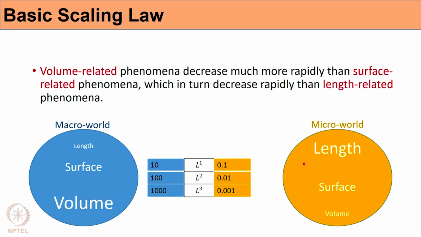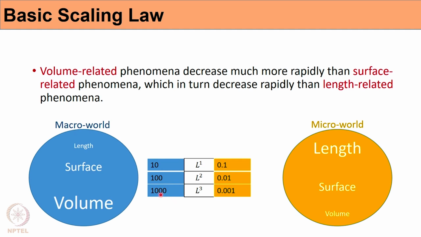So what does it mean? It means that in the macro world, the volume forces can be dominant, right? Because the volume forces go as L cubed, so 1000 times higher.